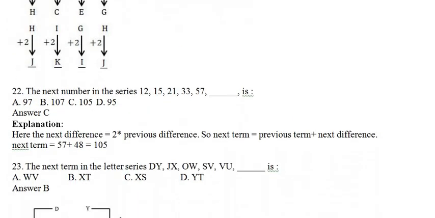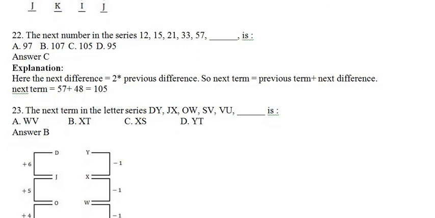And the next one is the next number in the series 12, 15, 21, 33, 57, okay. If you are looking, the next difference is nothing but twice the previous difference. The difference between 15 and 12 is 3. Okay, the difference between 21 and 15 is 6.